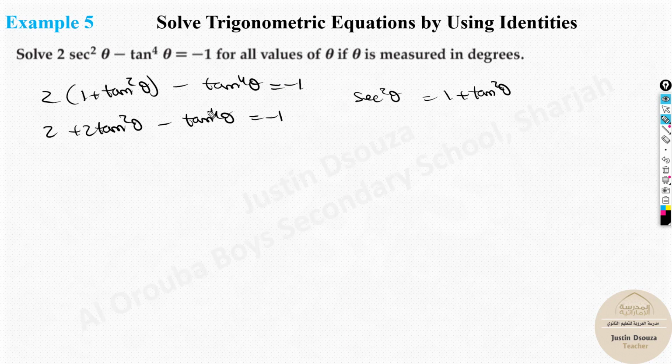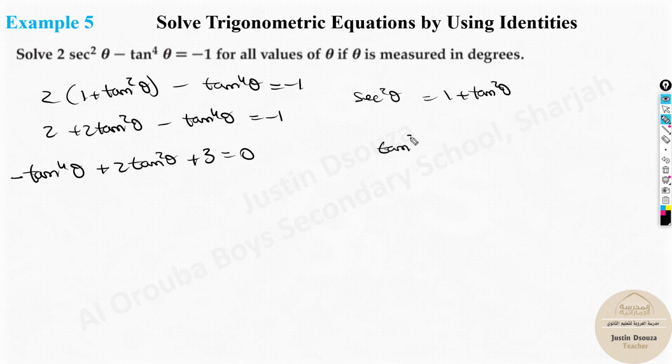Let's get everything to one side. I'll write the highest degree first. This is minus tan to the power 4 theta plus 2 tan square theta plus, 2 plus 1 is 3, equals 0. Now here when you look, there is a jump of two powers, 2 and 4. You can use the quadratic formula.